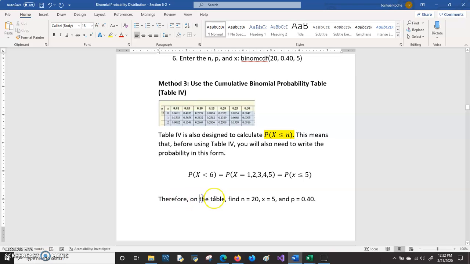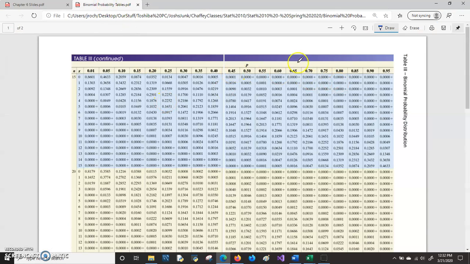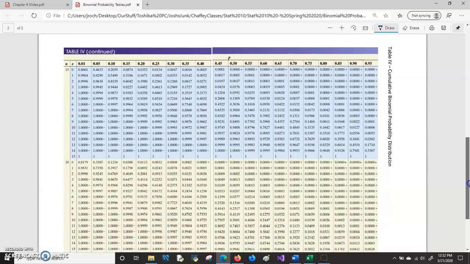And what we would do is go to table 4, and on the table look for n equals 20, but look for an x of 5 and a p of 0.40. So I'll go ahead and look at that table. Here's table 3, but table 4 is here.